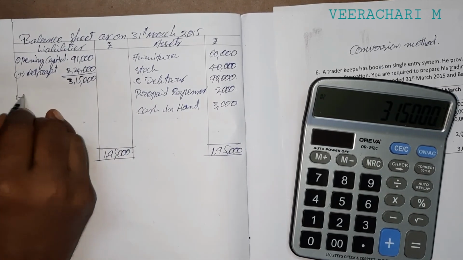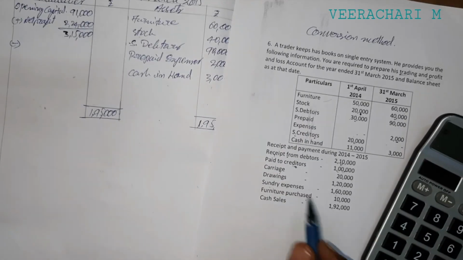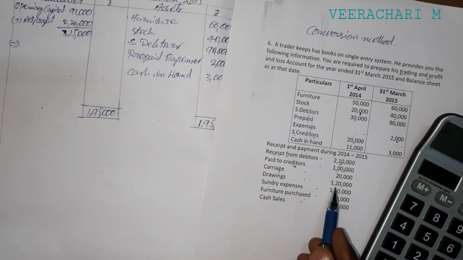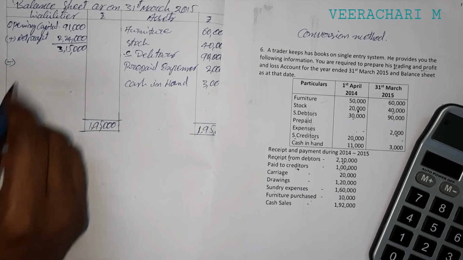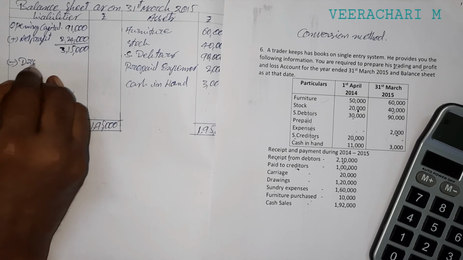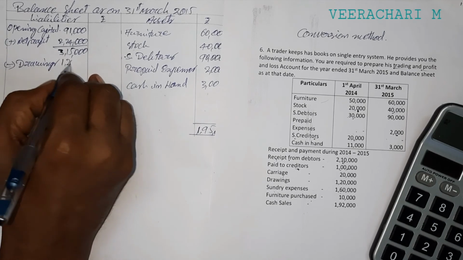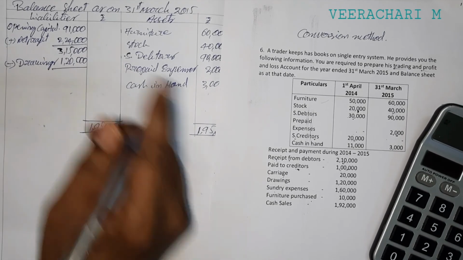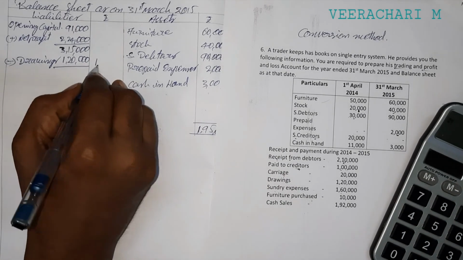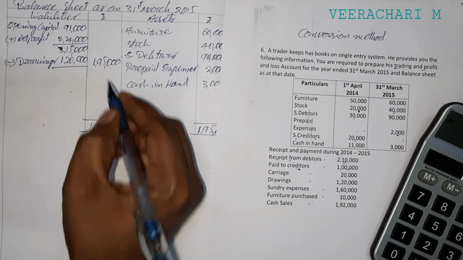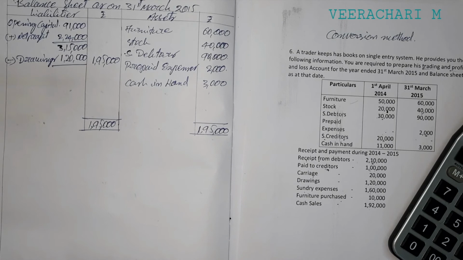In this question the drawings amount is given, that is 1,20,000. You should deduct this from the capital. Less drawings, 1,20,000. If you deduct drawings, then the value is 1,95,000 only. It is tallied now. So assets are 1,95,000 and the liability side is also 1,95,000.